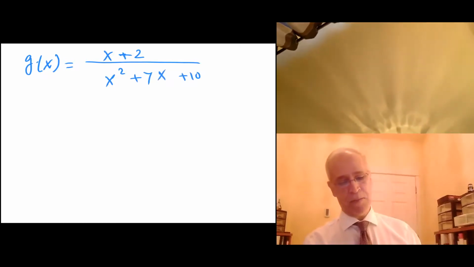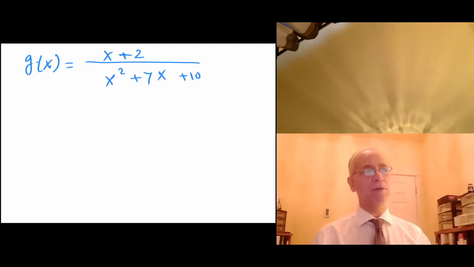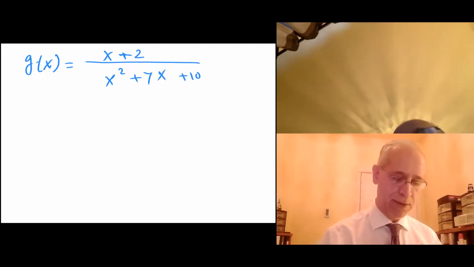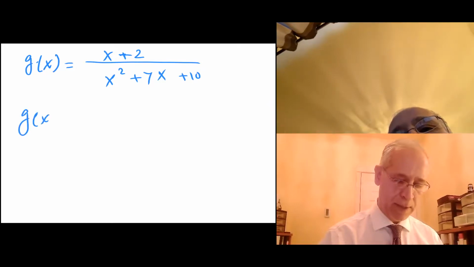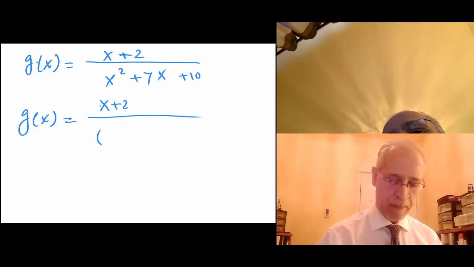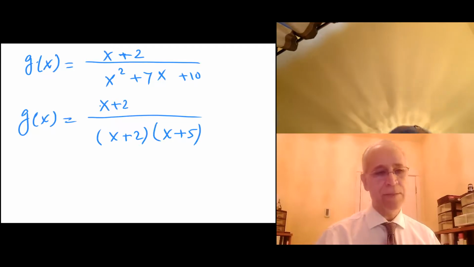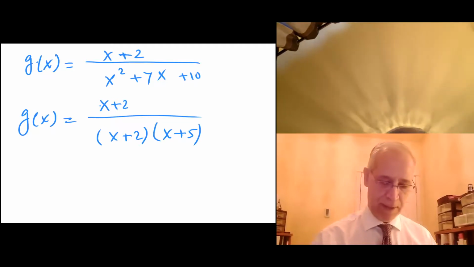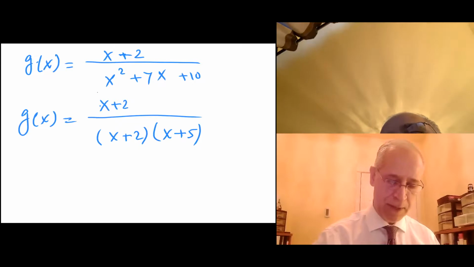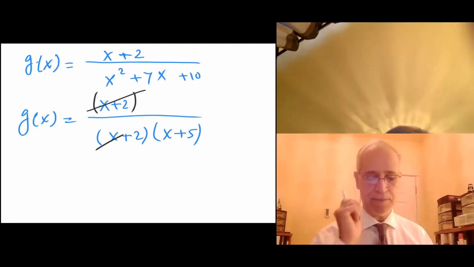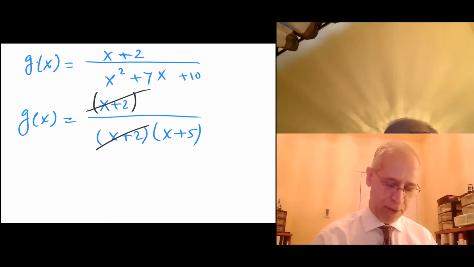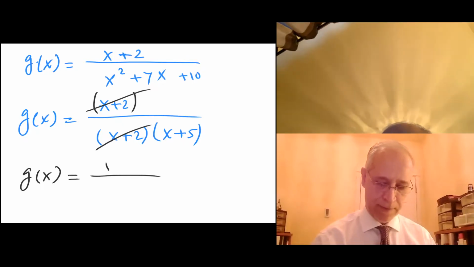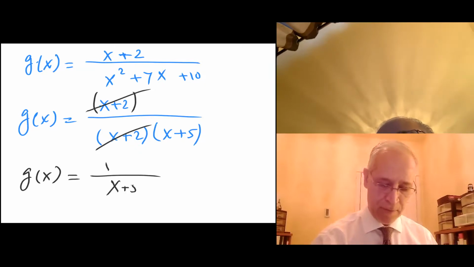So notice that at first glance, we are going to say that g of x is the same as x plus 2 over (x plus 2)(x plus 5). And now I do have a dilemma in here. I know that algebraically I can cancel this. And so g of x, I can rewrite it as 1 over x plus 5.